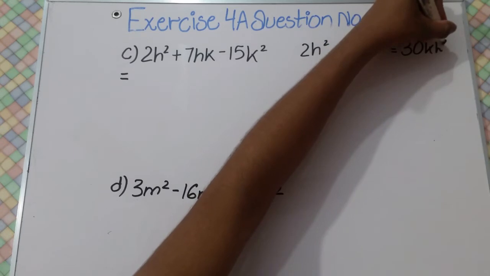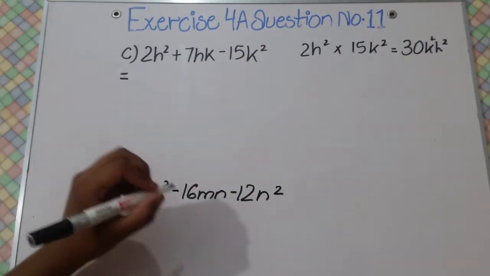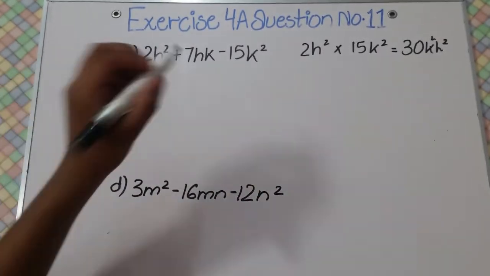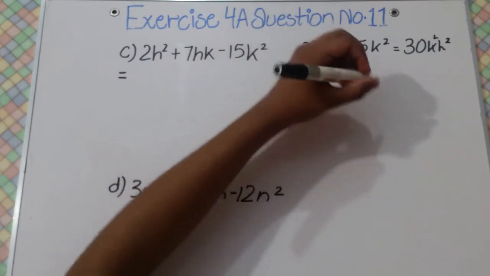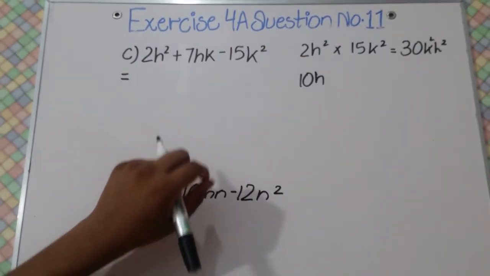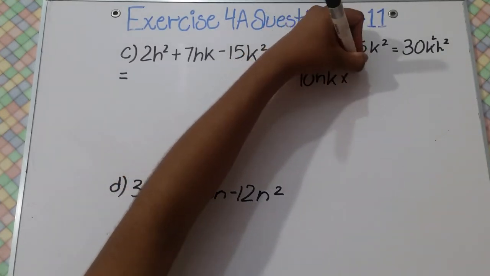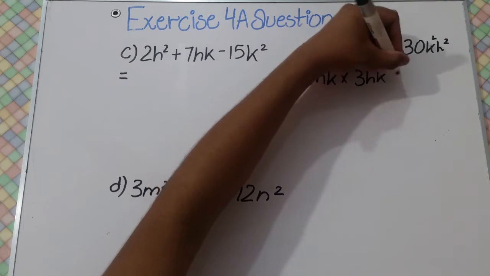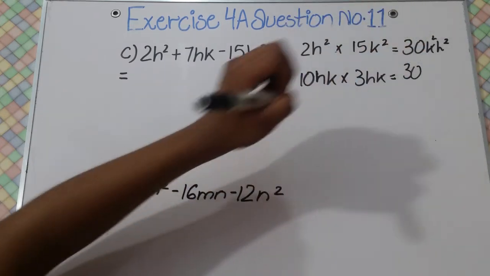Now we need to find numbers which by multiplying we get 30 and by subtracting we get 7. If we multiply 10hk with 3hk, it would be the same 30k square and h square.